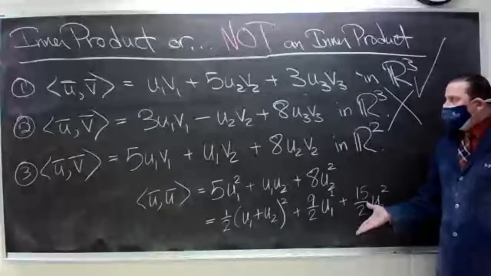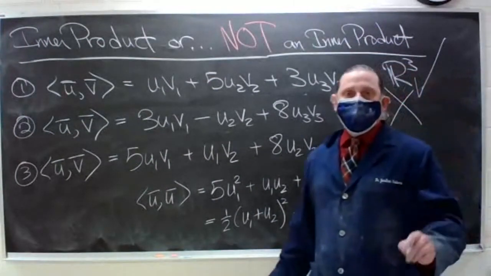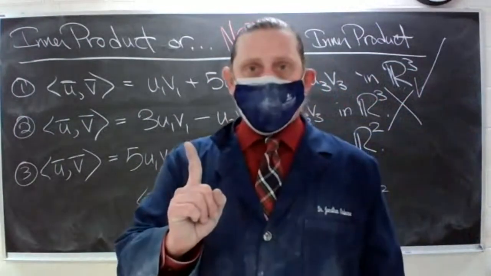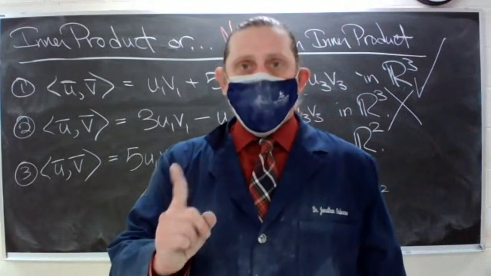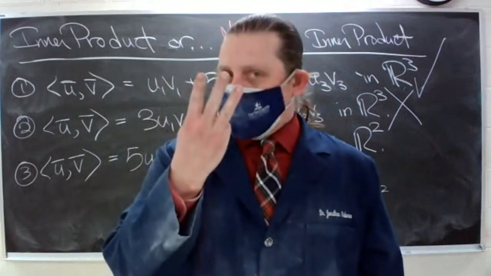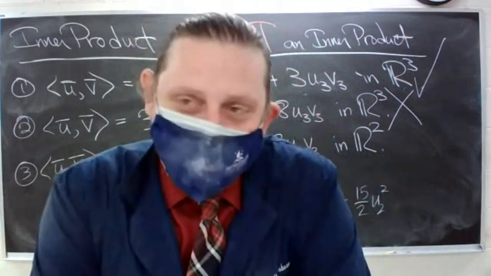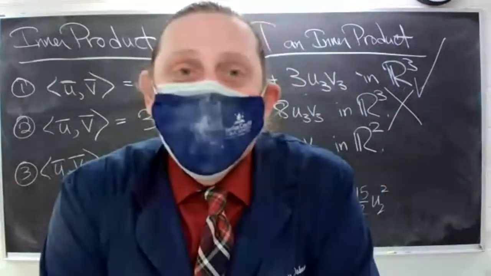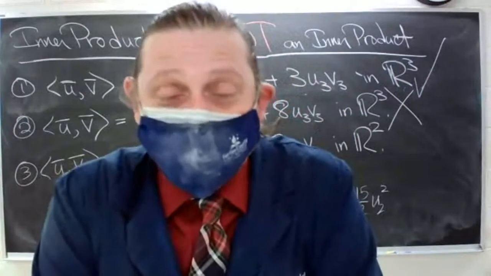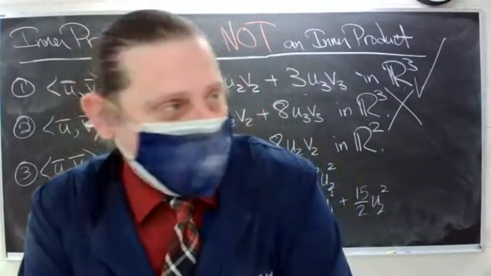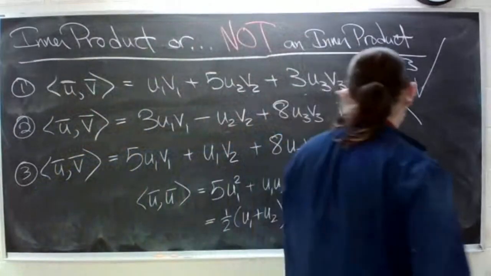This is clearly positive definite. So no problem with linearity, property 1. No problem with positivity, property 3. Now, if you're paying attention, you should notice that I have explicitly skipped over one of the properties. All right?